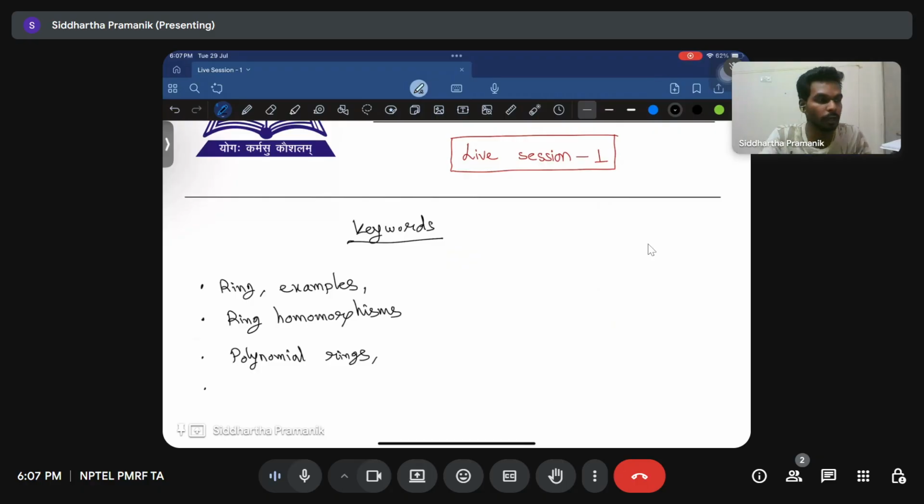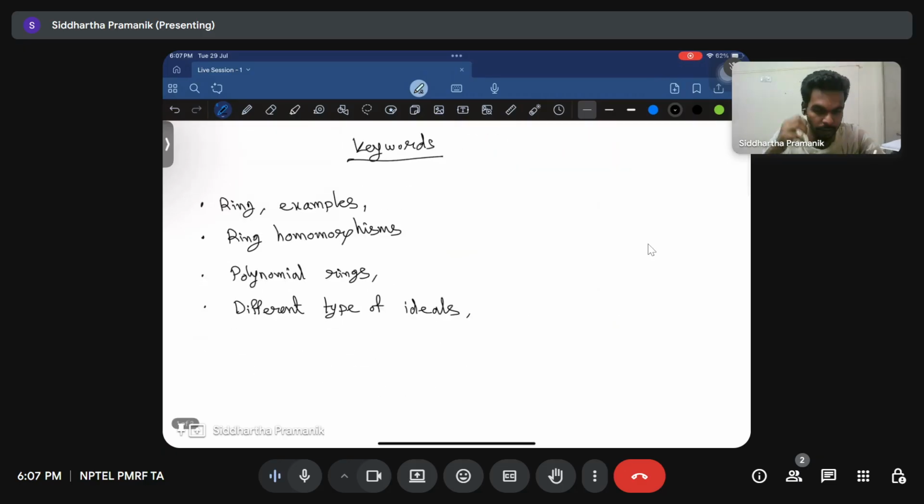Next, we saw different types of ideals, and how to create new ideals from known ones, or operations on ideals, like intersection, sum, product, colon, all those things.